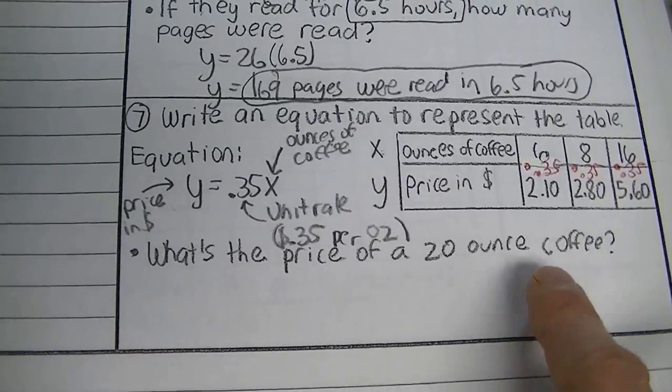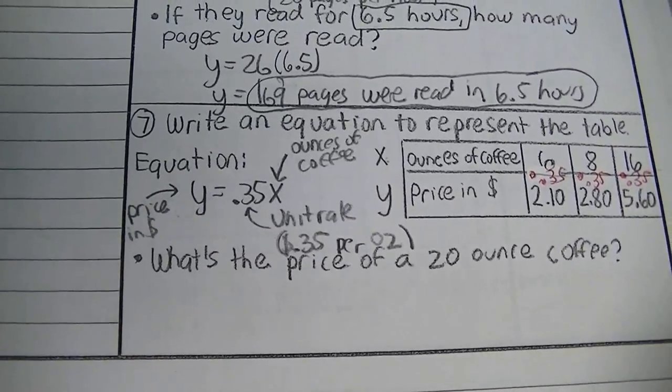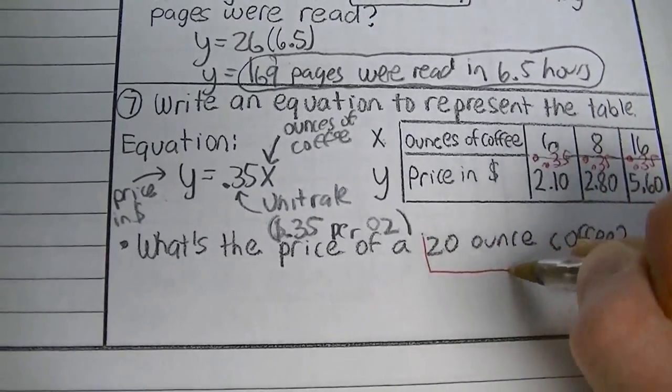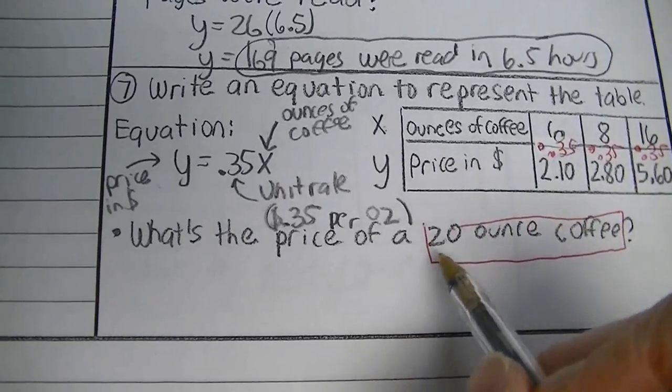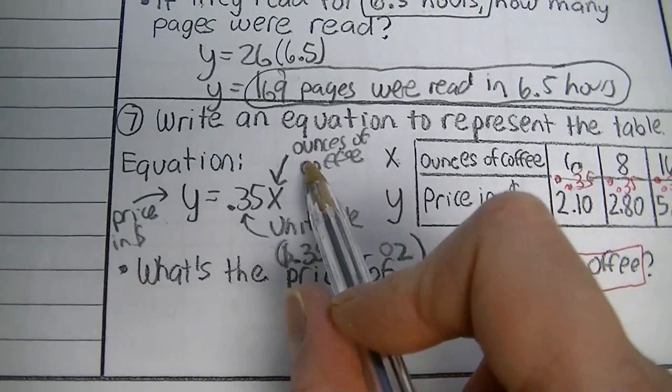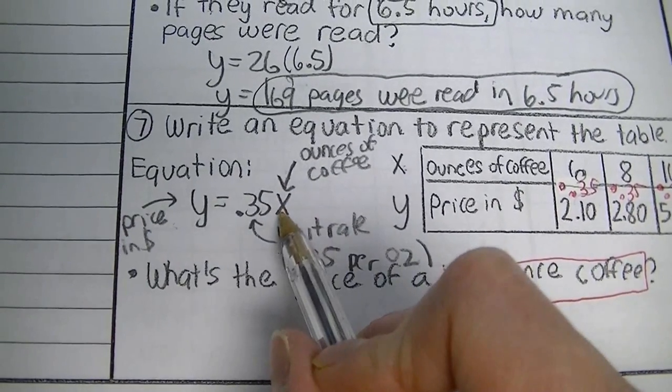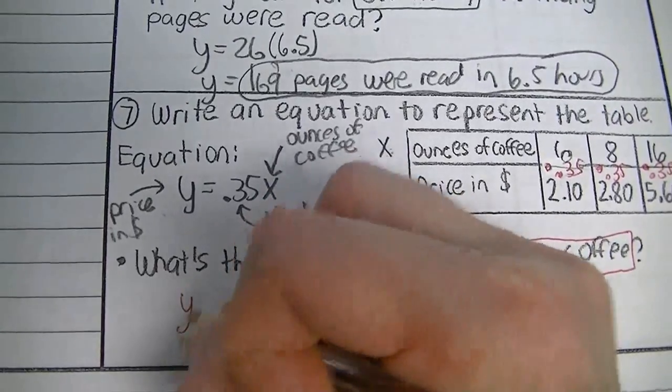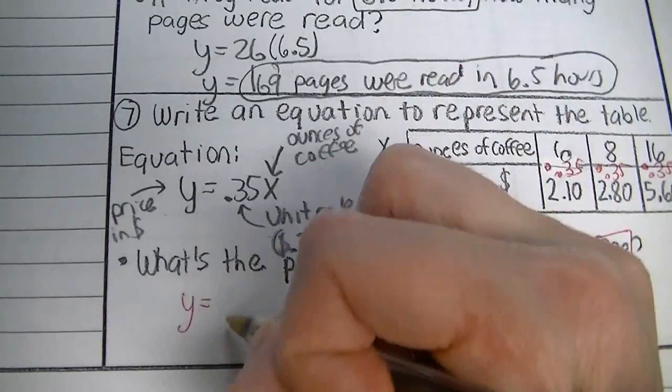So what's the price of a 20 ounce coffee? So if you purchased a 20 ounce coffee, how much would that cost? So let's go ahead and look at our labels. 20 ounce. Is 20 ounce a price? Nope. 20 ounce an ounce? Yeah. So we're going to substitute this 20 in for the variable of X. Keep the Y the same because that's unknown. We don't know the price yet.